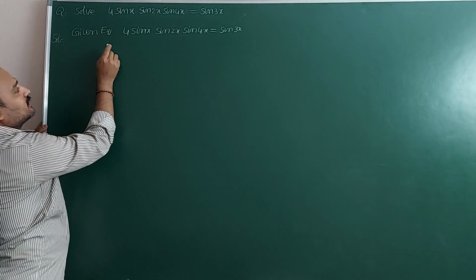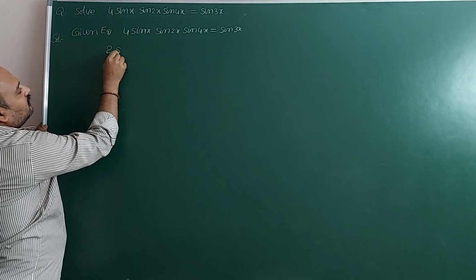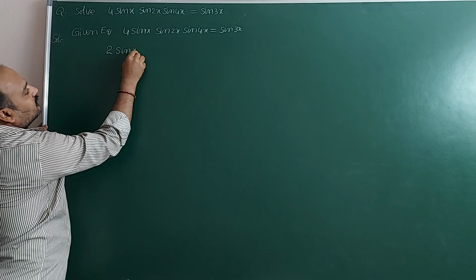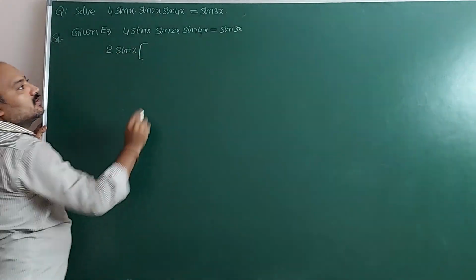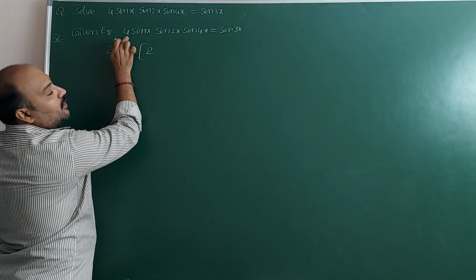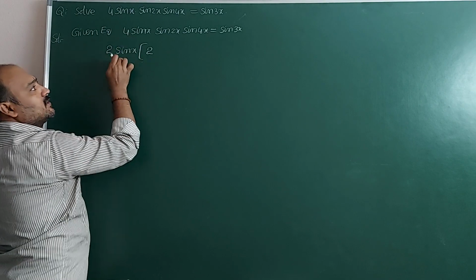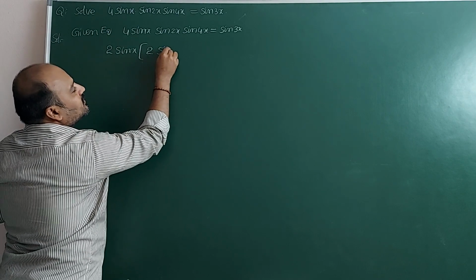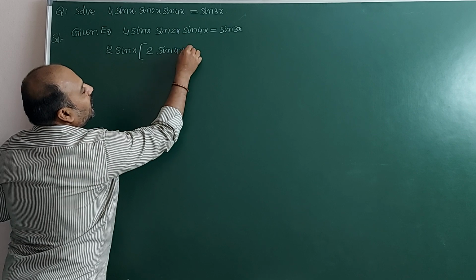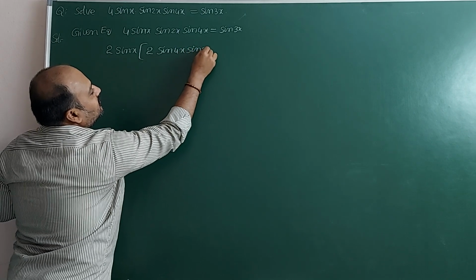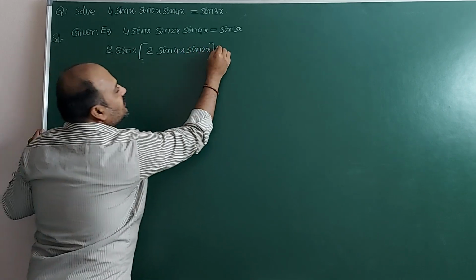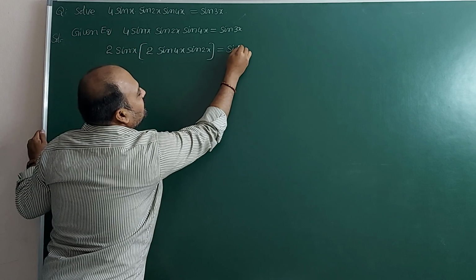This can be written as 2 sin x into, here the 2 is from the 4 anyway, so 2 sin x times the bracket of sin 4x into sin 2x is equal to sin 3x.